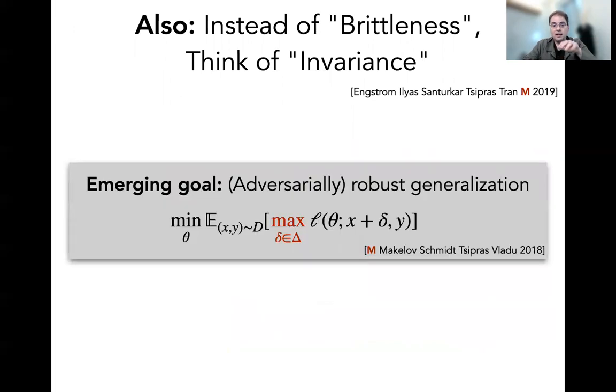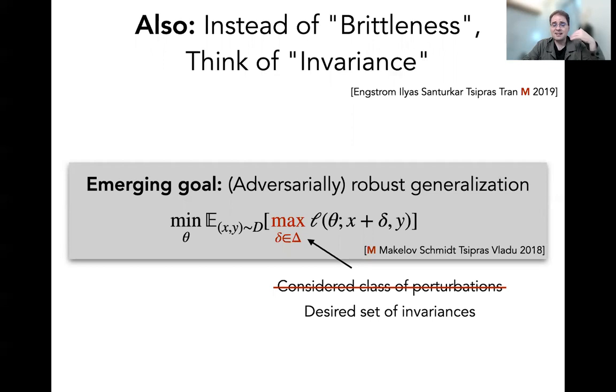If you look at the goal of adversarial robust generalization, you might think of the set of allowed perturbations as a set of desired invariances. Because what you are really saying is, I want your performance to be robust, invariant, under this set of transformations. Again, there is no longer any need for an adversary. This is just a way of regularizing the model.